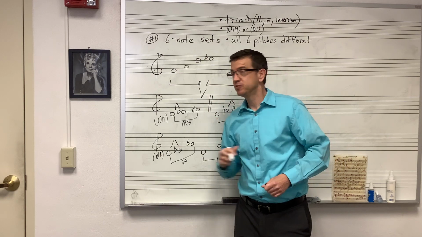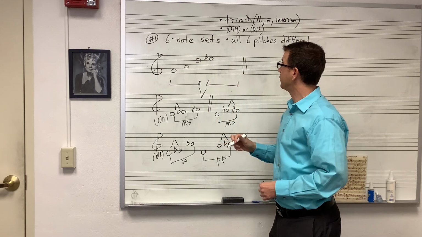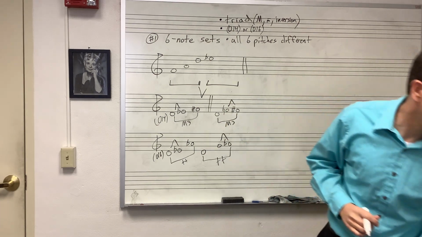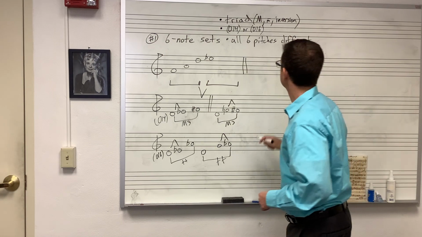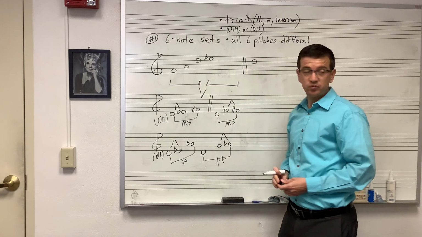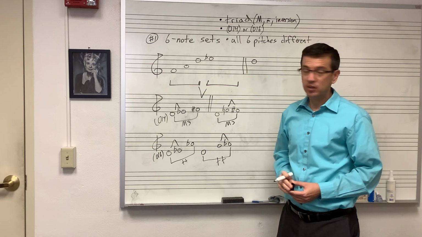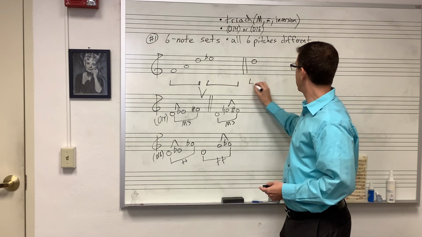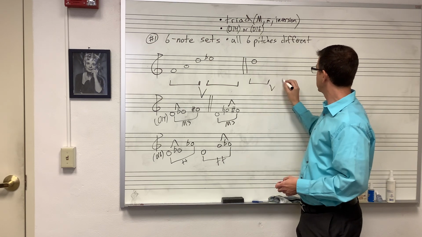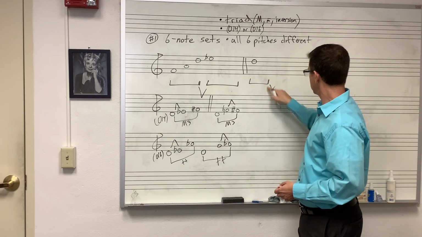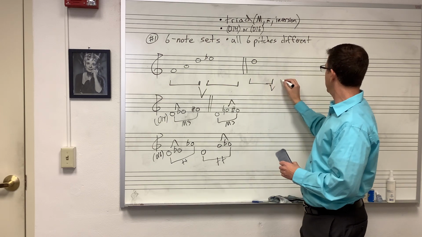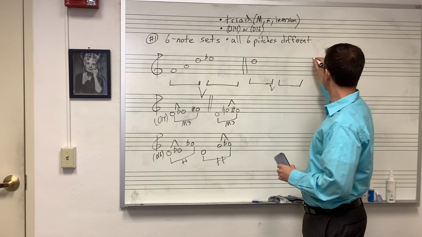Let's do another one though. So this will be another 6-note set, and we will start on D. And same thing. I will play a 3-note set. Then there will be a space, a step. And then another 3-note set.